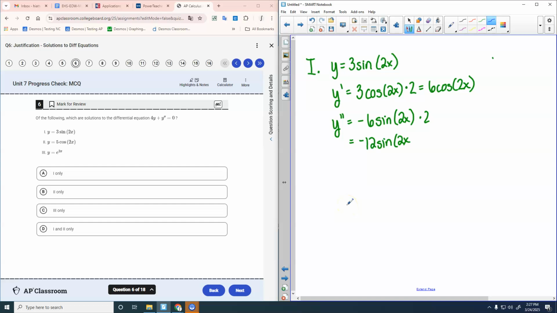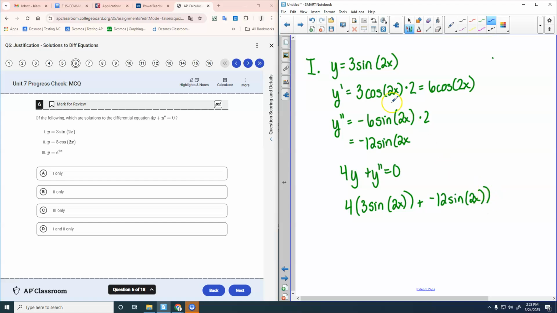So what you're wanting to see is if it makes that differential equation true. If I do 4y plus y double prime equals 0, for 1, I would do 4 times 3 sine 2x plus y double prime, which is negative 12 sine of 2x.